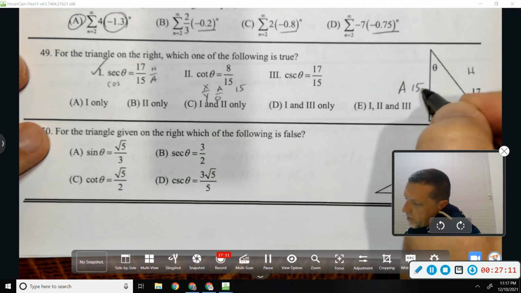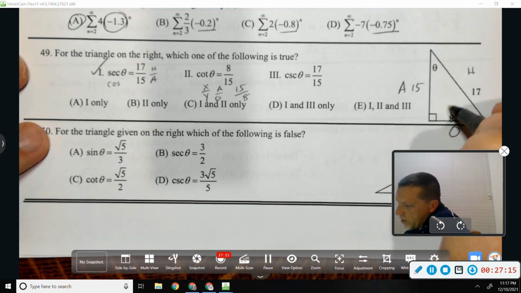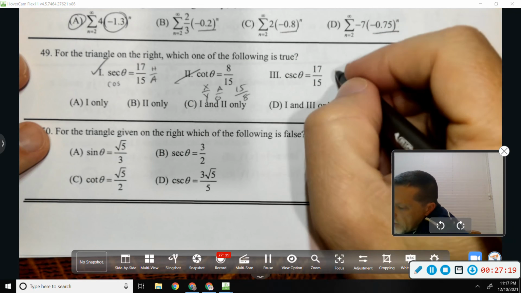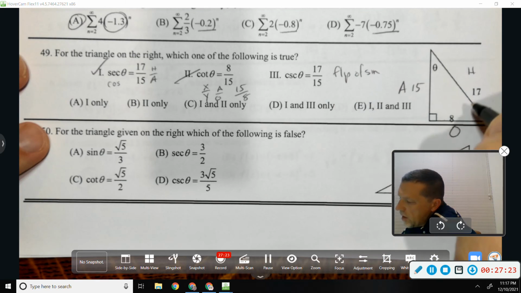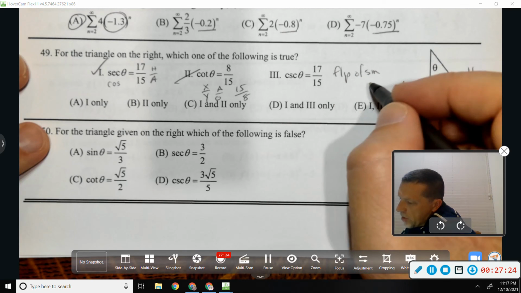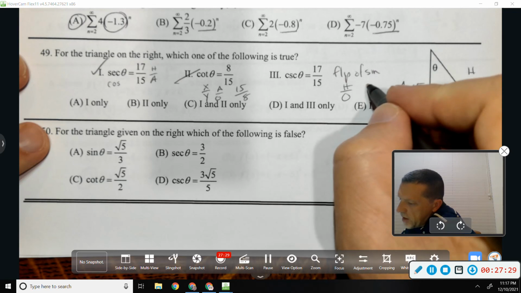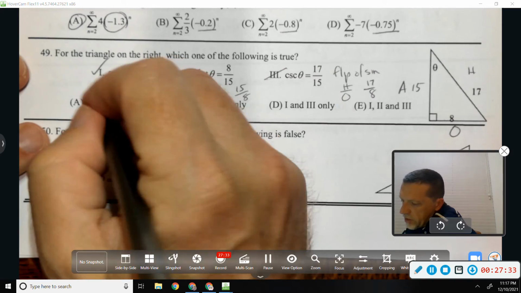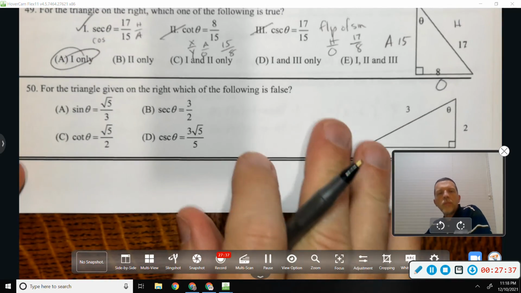So that would be 15 over 8. For cotangent, that's not true. And then lastly, cosecant is the flip of sine. Sine is opposite over hypotenuse, so hypotenuse over opposite would be 17 over 8. That one's not true either, so just one. This is a lot of work for just one answer there.